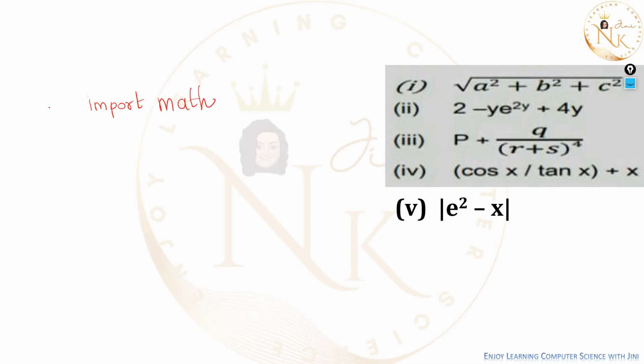You begin with the name of the module: math.sqrt of a*a + b*b + c*c. The mathematical function you have to write with the functions available under the math module.